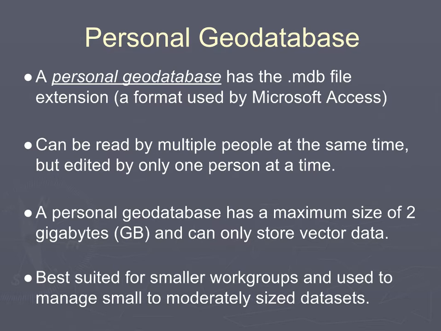It could be read by multiple people at the same time, but it can only be edited by one person. One of the big limitations to this geodatabase was that it had a maximum size of 2 gigabytes. That, and it could only store vector-based data.